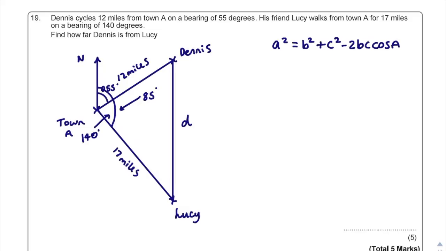So A is going to be replaced by D, so we can have D squared equals 12 squared plus 17 squared minus 2 times 12 times 17, and that's going to be multiplied by cos 85.